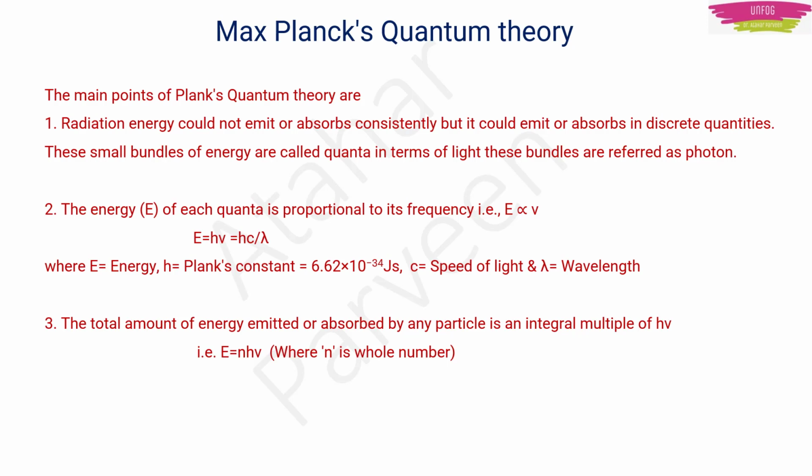He also told how much energy is there, that is equal to h nu or h c by lambda. Also he told that energy will not be in fractions, it will be in integral multiples. Means it will be 1 h nu, 2 h nu, 3 h nu, 4 h nu, like that. It will not be half h nu. It will be whole numbers only. All this clarity Max Planck gave.